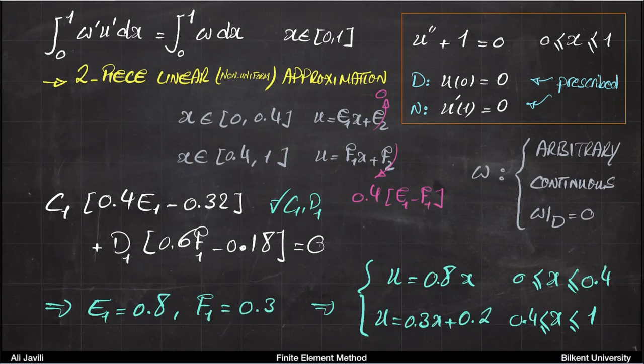And then again, you can play that game, or to check if at X equals 0.4, this thing is continuous. And if you play that, you can see it. So 0.8 times 0.4, this gives you 0.32. But also 0.3 times 0.4, that gives you 0.12 plus 0.2, that gives you also 0.32. So this is indeed continuous at 0.4.